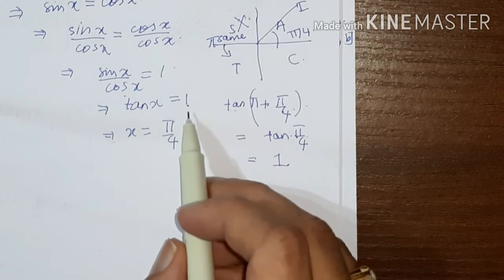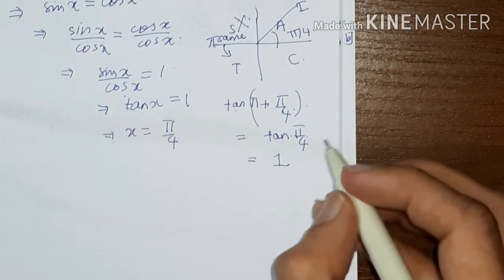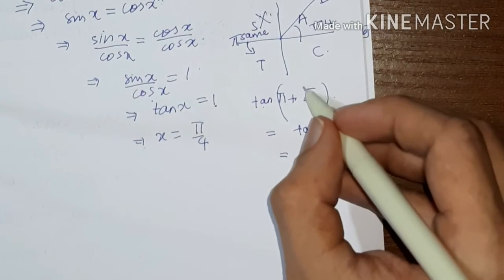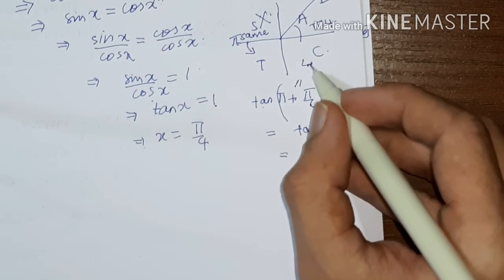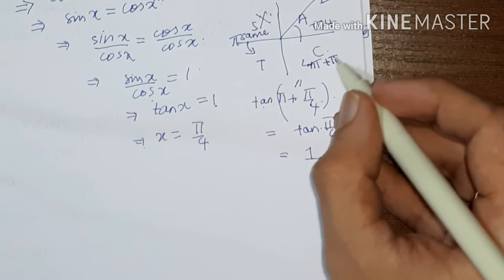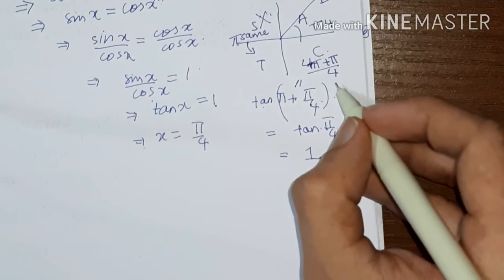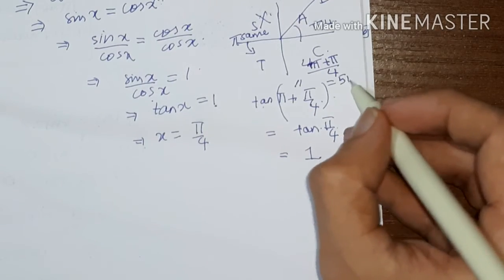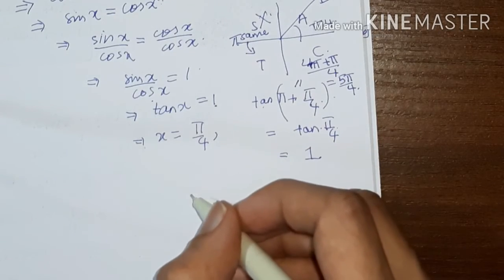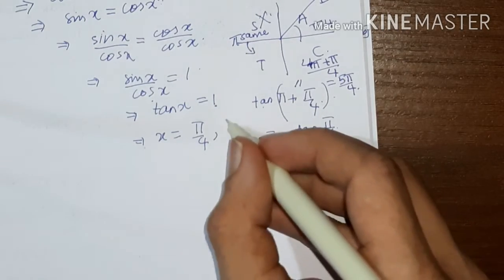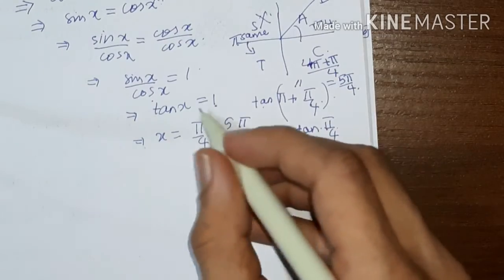So you see that you again get 1. Now what is this theta? It is pi plus pi by 4, if you take the LCM, which is nothing but 5 pi by 4. So you get that at 5 pi by 4, tan x is also 1.